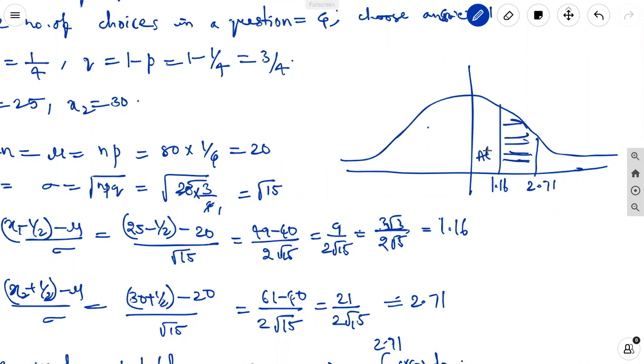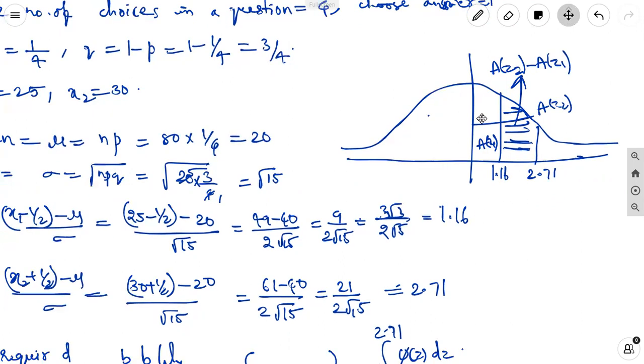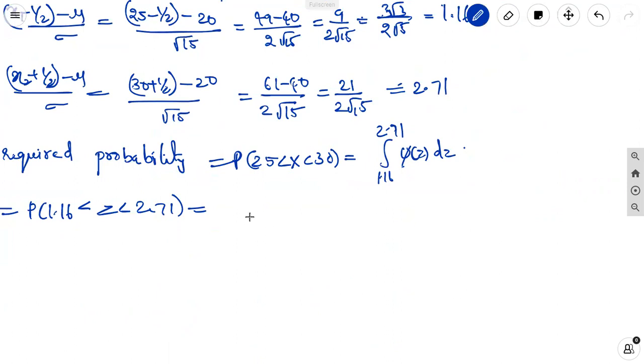That is, area of Z1 is this one, area of Z2 is that one. So we can subtract area of Z2 minus area of Z1, and we get the required value. So here we can write it as area of 2.71 minus area of 1.16.